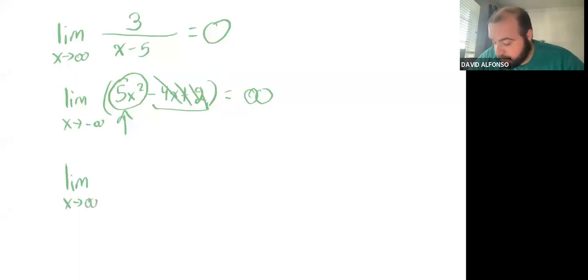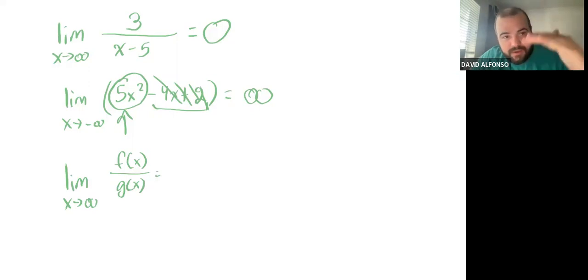If you remember, a rational function is two polynomials divided by each other. So really, you can determine the horizontal asymptote by looking at the degree of the numerator and the degree of the denominator.